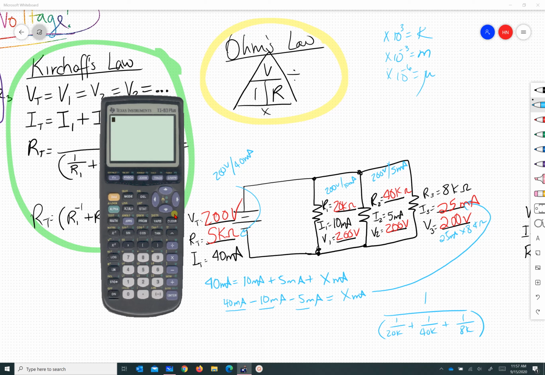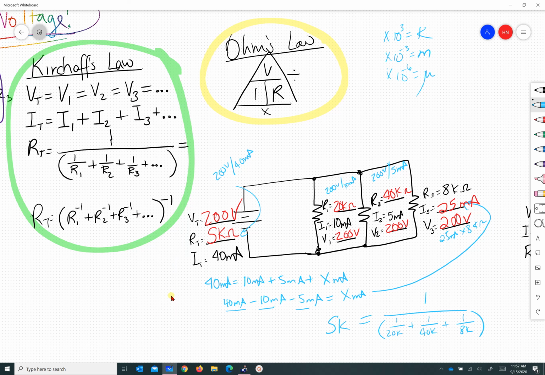I'm going to write it like that, and then type the shorthand way: 20 kilo inverse plus 40 kilo inverse plus 8 kilo inverse, close parentheses, the inverse of that. And indeed, we get 5 kilo ohms. So we have verified that it is 5 kilo ohms, and it does match our final answer right there.